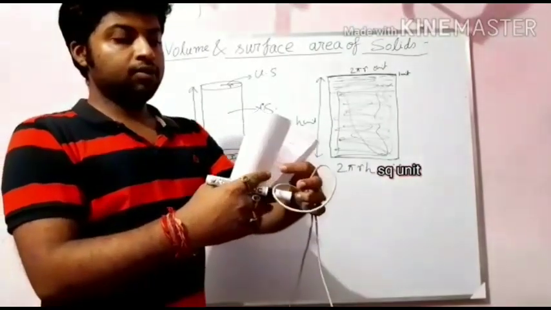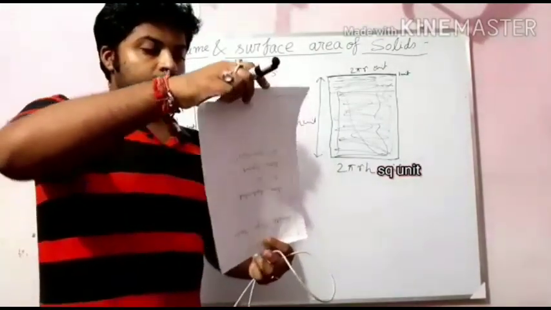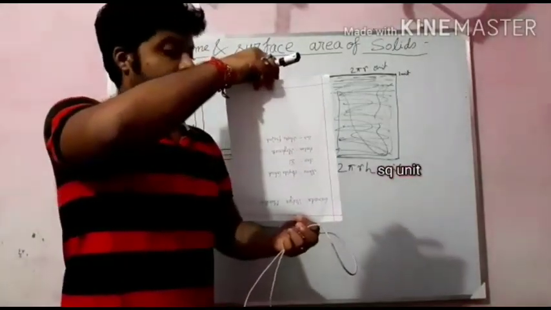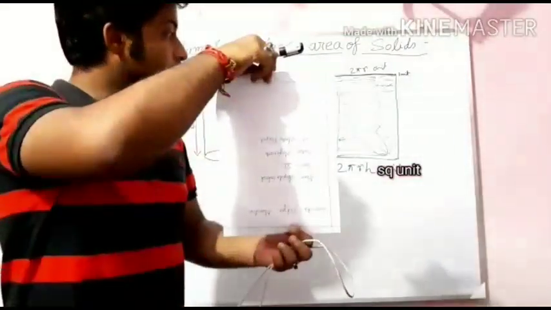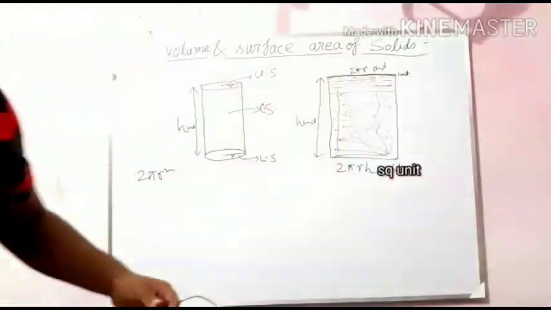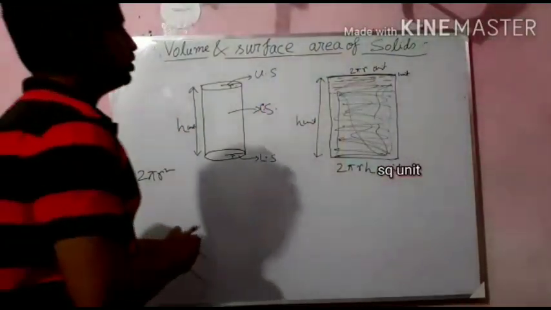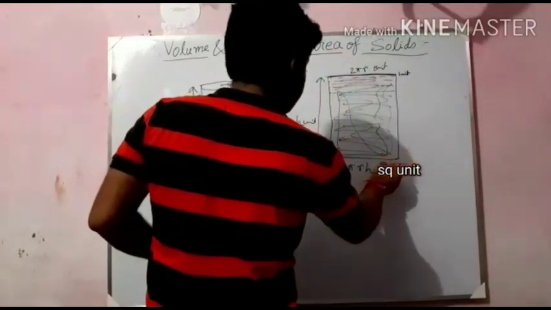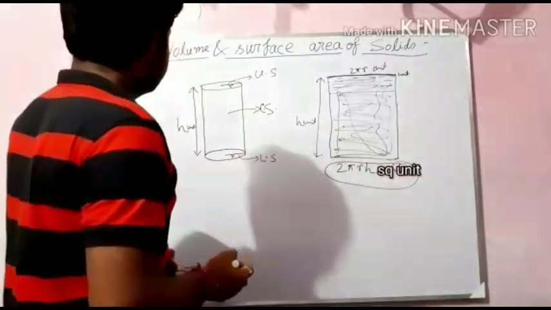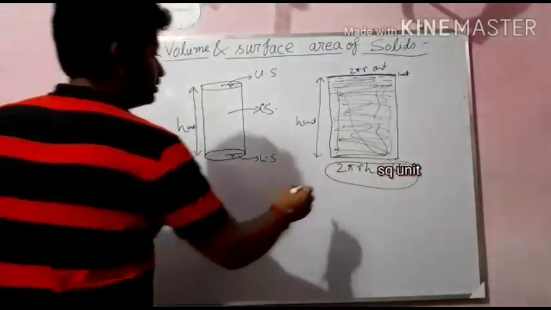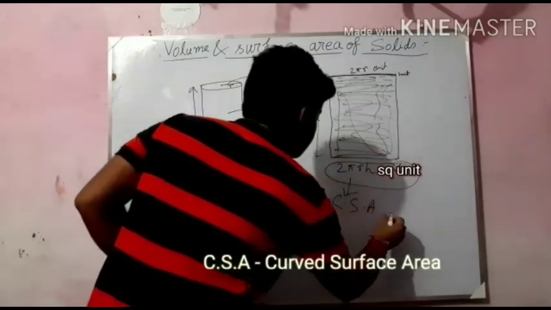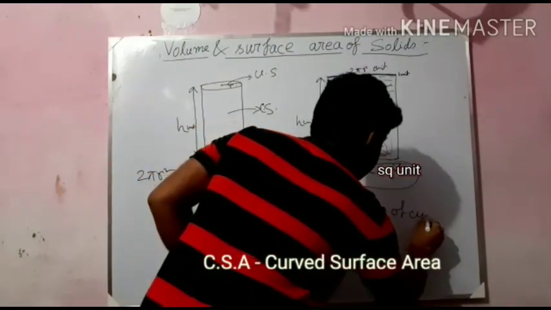Now, if I open this, the total area will become a rectangular shape, right? Like this. I have just shown the same thing here. So, the total curved surface area of the cylinder is 2 pi r h unit. This is the curved surface area of the cylinder.